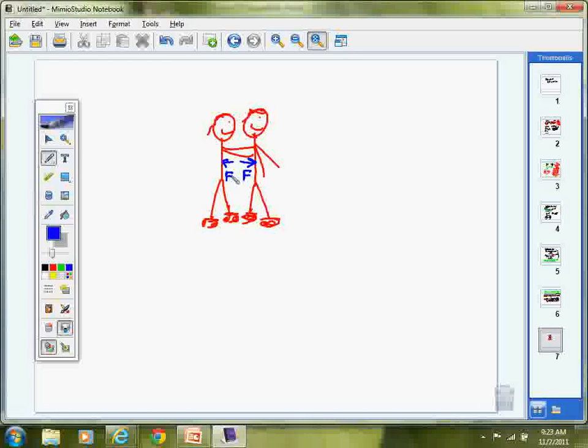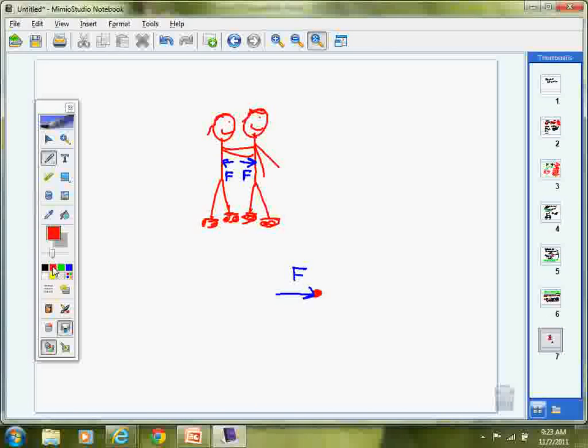Why don't those two forces cancel each other out? They're acting on different objects. If we drew a free body diagram of Jared over here, what force would be acting on him? A force to the right.